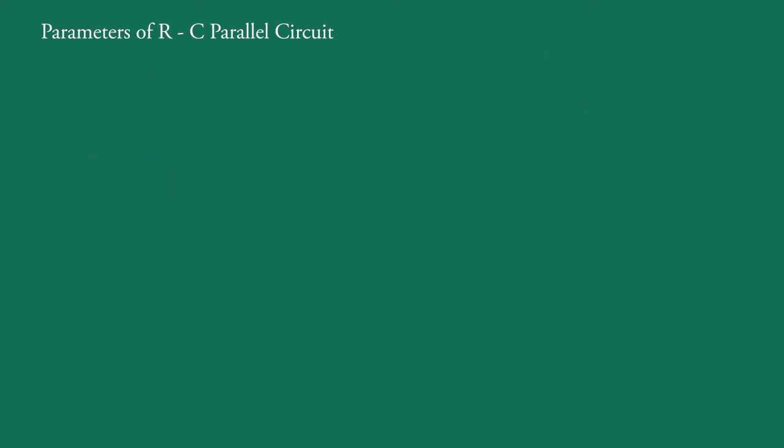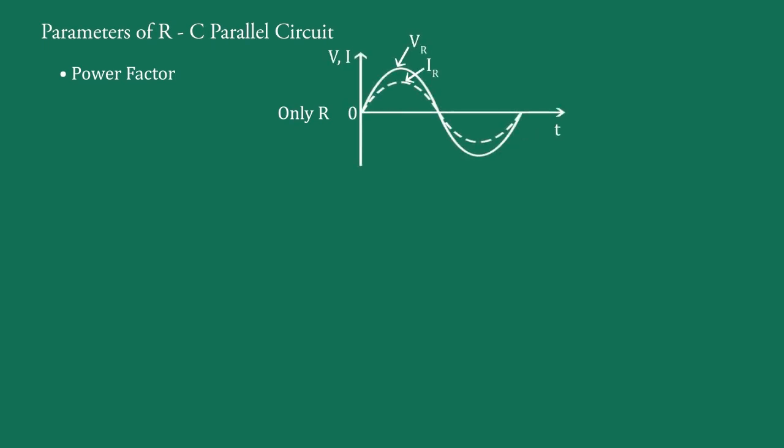Now the second parameter is power factor, that is cos theta. If an alternating sinusoidal voltage is applied across a pure resistor, the voltage and current through it are in phase with each other like this. If an alternating sinusoidal voltage is applied across a pure capacitor, the voltage lags the current by 90 degree like this.